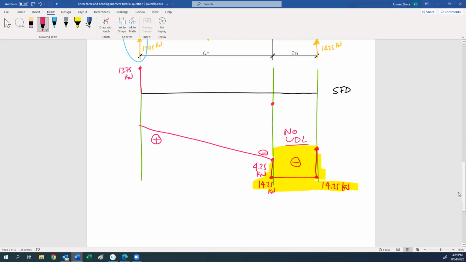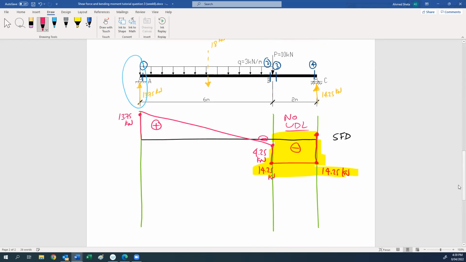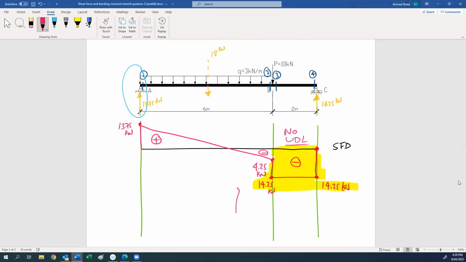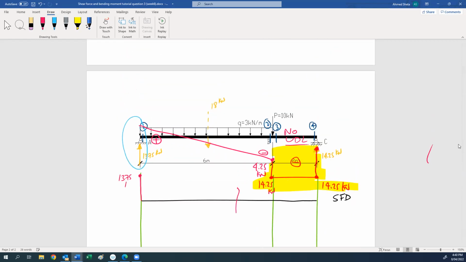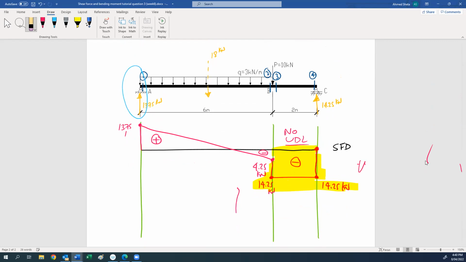The next step is to draw the bending moment diagram.